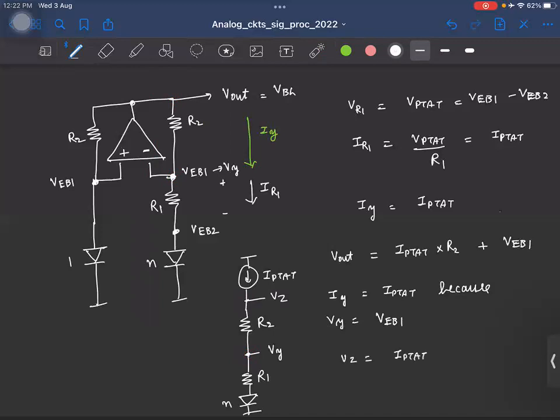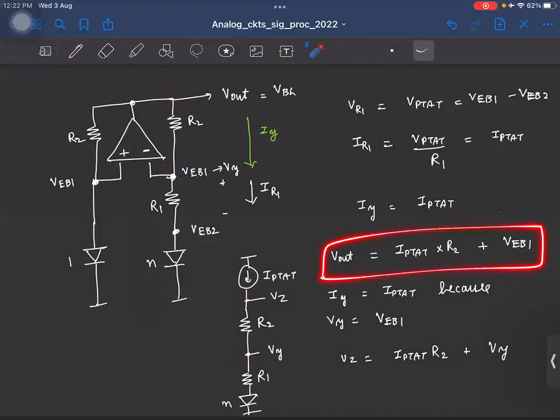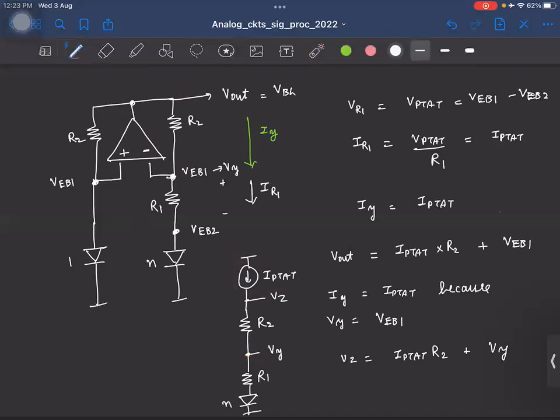IPTAT times R2 plus Vy, right? And that is the same as what you have here, right? And we already have ensured that the current here is PTAT current by forcing this current here. So this voltage, what will it be equal to? VEB1. Okay, it is simple, KCL using substitution theorem, right? So this is VEB1.